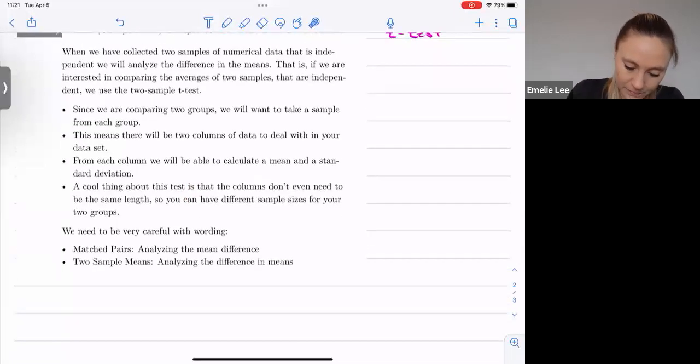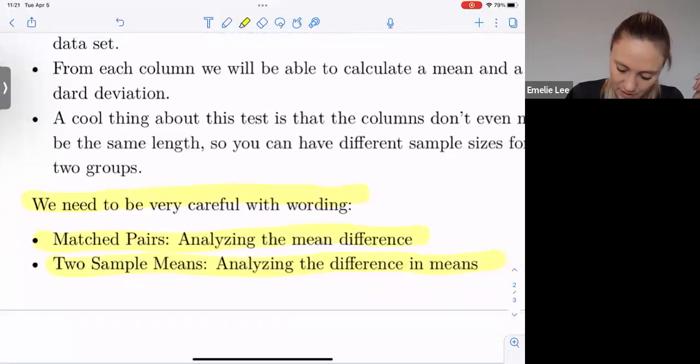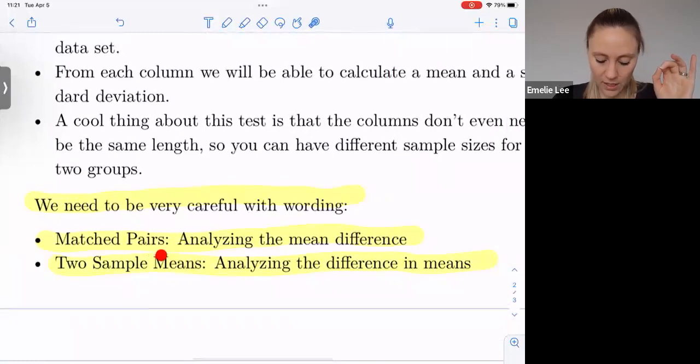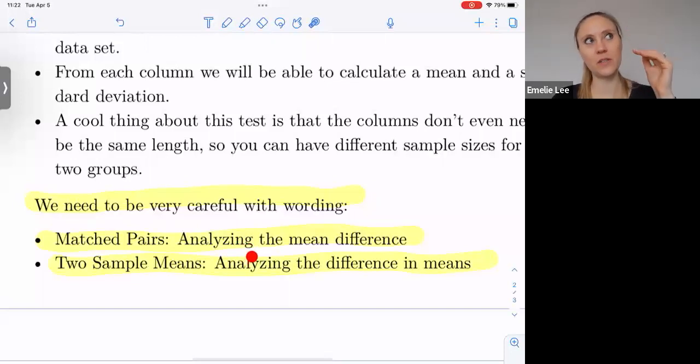Now, here is where I want to highlight a really important distinction that we need to make. With matched pairs, we're analyzing the mean difference, the mean of the differences. We found the differences and then we find the mean and the standard deviation of those differences.